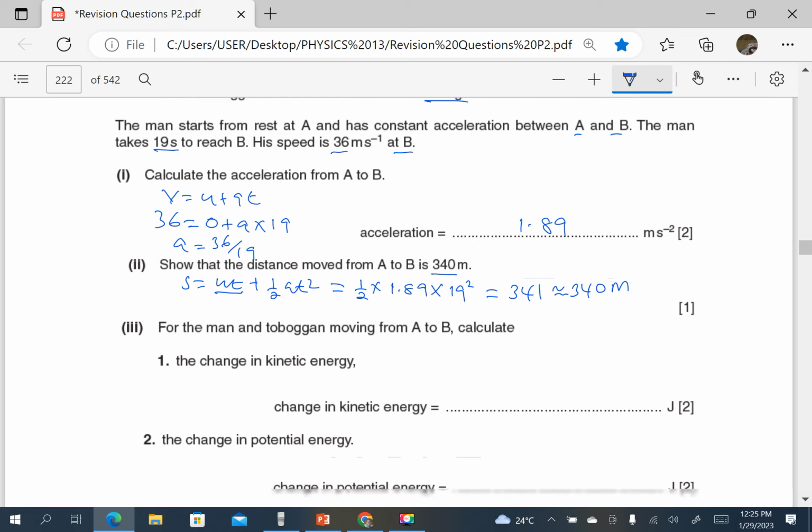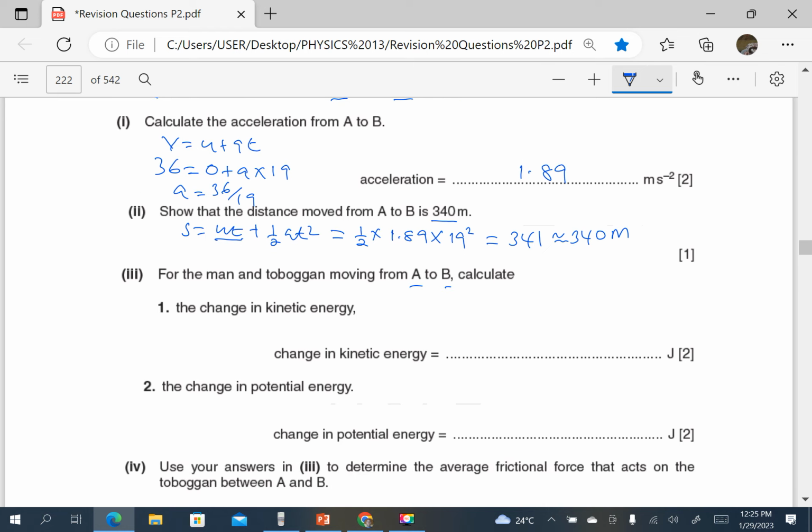For the man and the toboggan moving from A to B, calculate the change in kinetic energy. At A it is at rest, at B it is moving with the speed, so the change in kinetic energy is due to that only at B. So kinetic energy is equal to a half mv squared. Because at A the kinetic energy is 0, I'll just consider B, which is 0.5 times the mass, which is 95, times the speed, which is 36 squared.